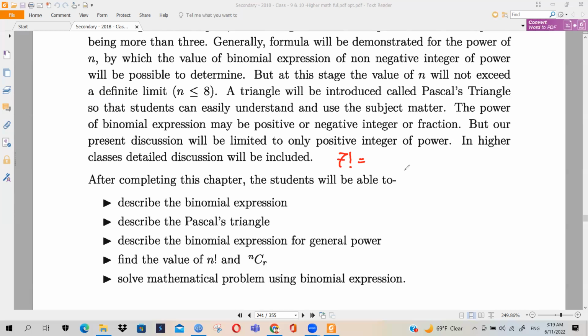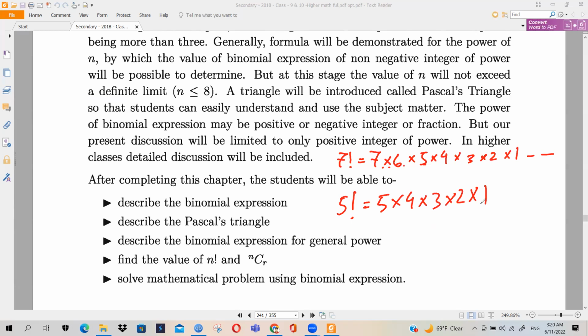We will multiply various numbers, starting from 7 and decreasing: 7 times 6 times 5 times 4 times 3 times 2 times 1. It ends at 1. In case of 5 factorial, it is 5 times 4 times 3 times 2 times 1. I think you know these things, right?